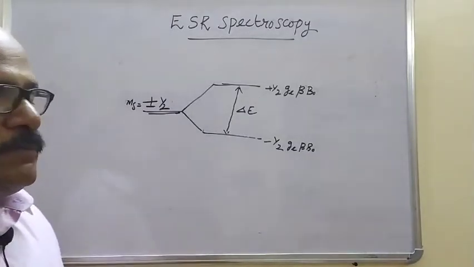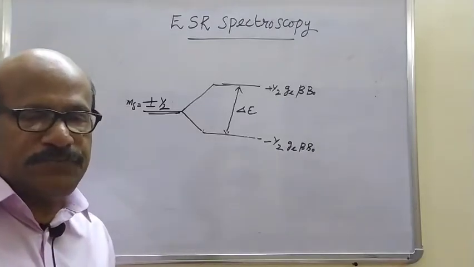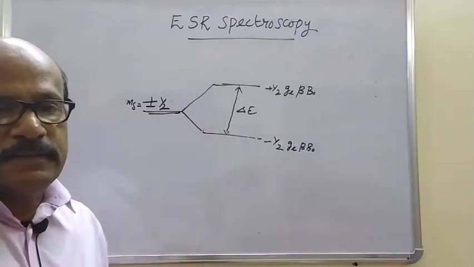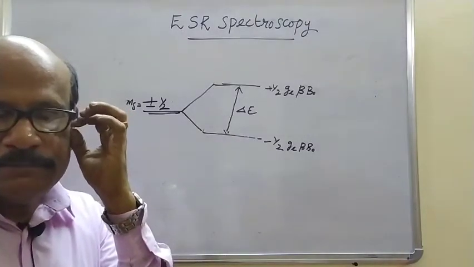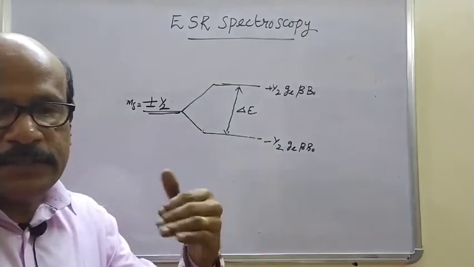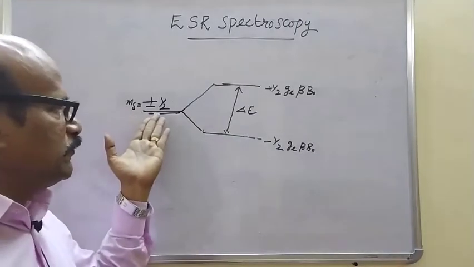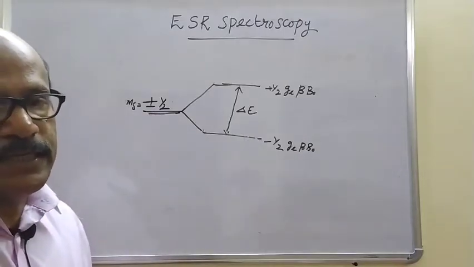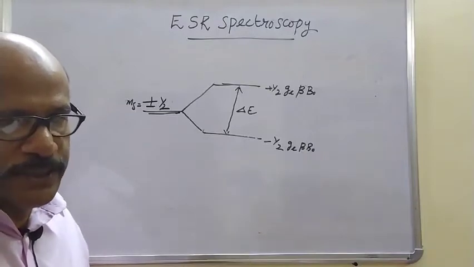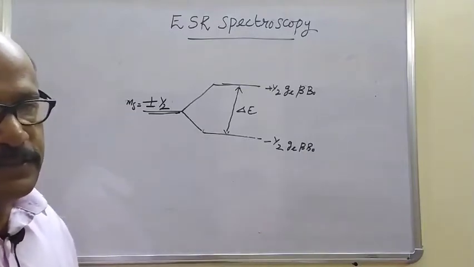So when a paramagnetic molecular species is kept in an applied magnetic field, the magnetic moment of the electronic spin corresponding to ms equal to plus half or minus half is split into two energy levels under the interaction with the applied magnetic field.